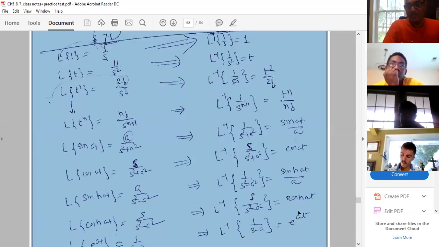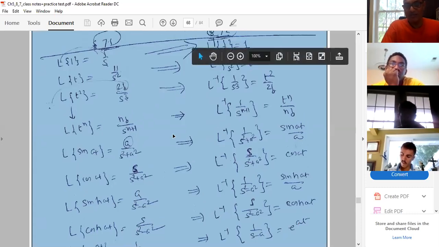I request you please try to go through all these formulas twice. I included all these things in your formula set. Laplace of this one equals this one. In your formula set, all these formulas are included. I can show it to you, just wait.